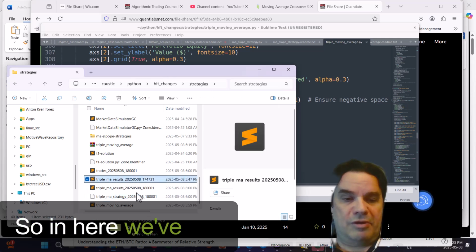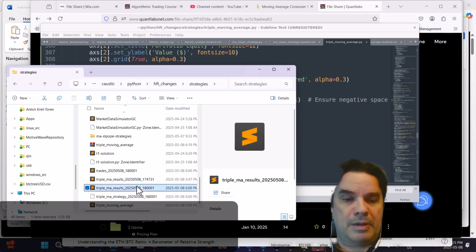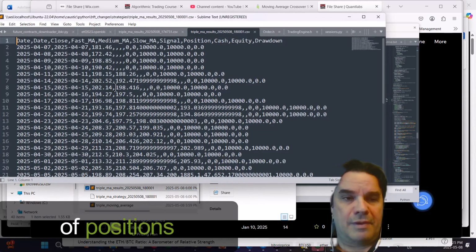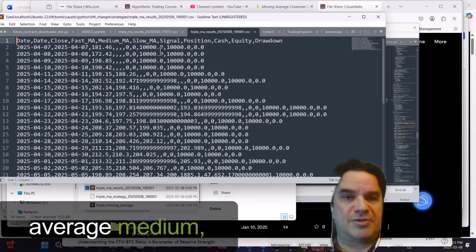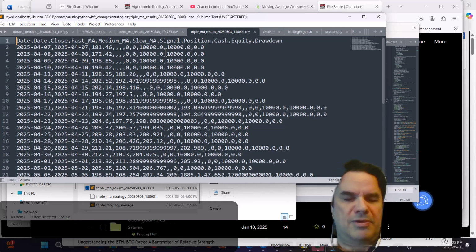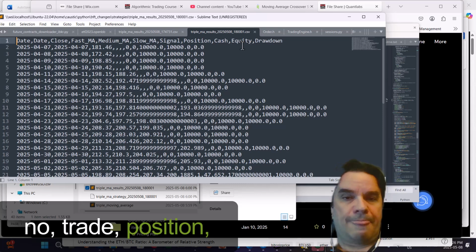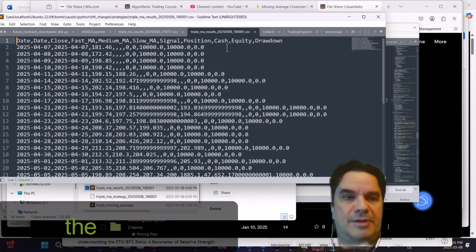In here, we've got a set of positions that were put on, with a fast moving average, medium, and slow moving average, with a signal yes or no, trade position, cash, and then equity and the overall drawdown.